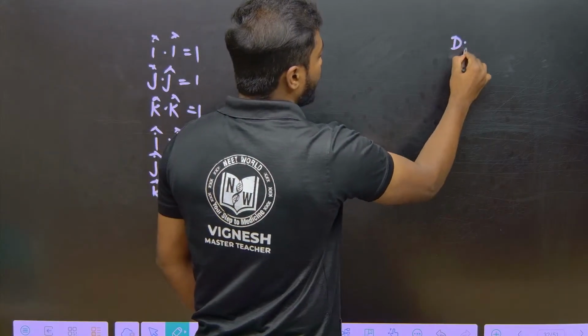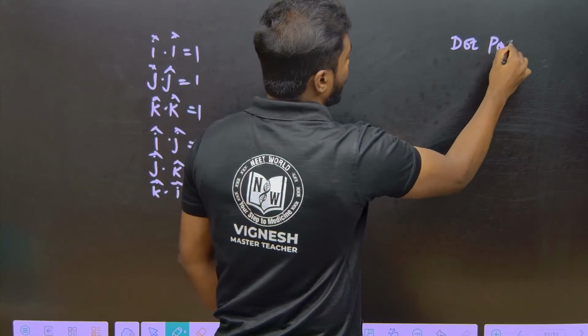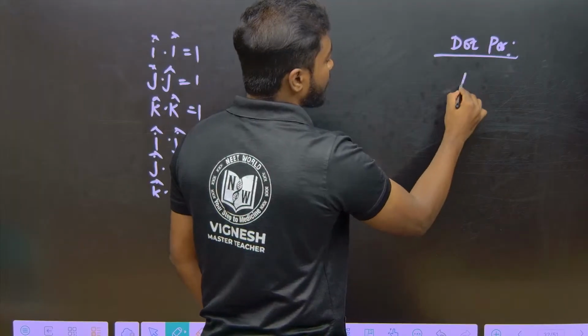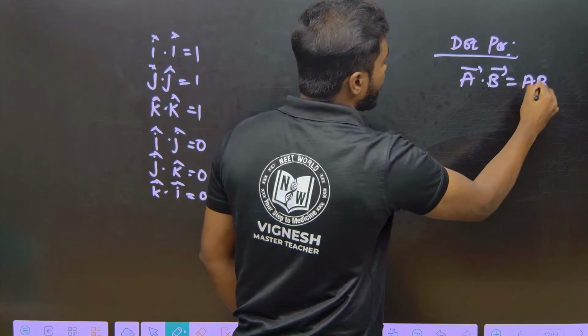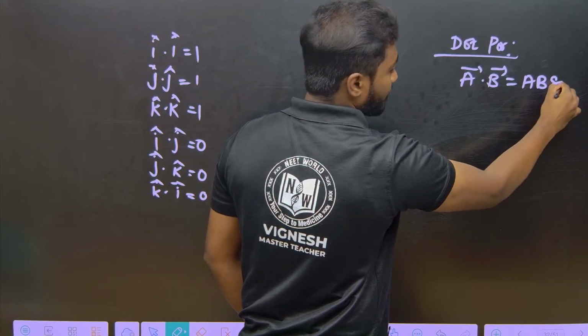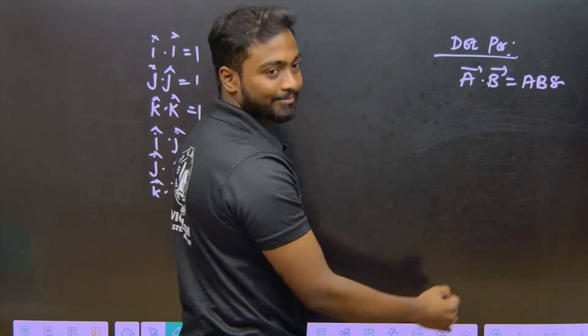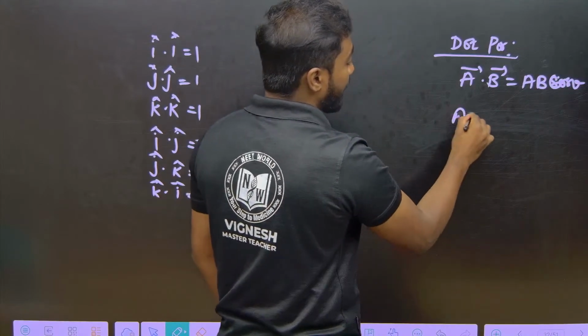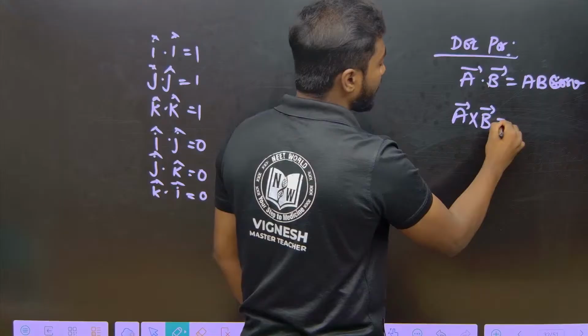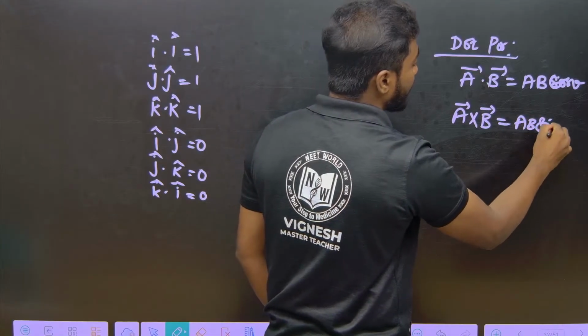For a dot product, the formula is A dot B equals AB cos theta. A cross B is AB sin theta.